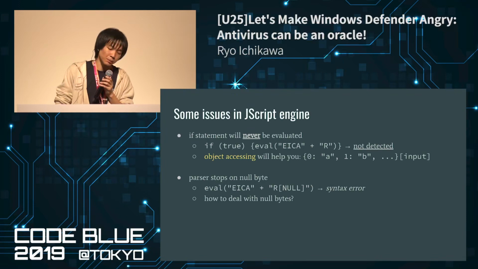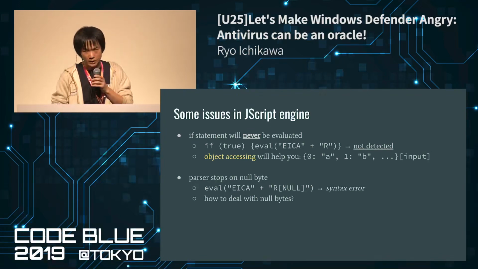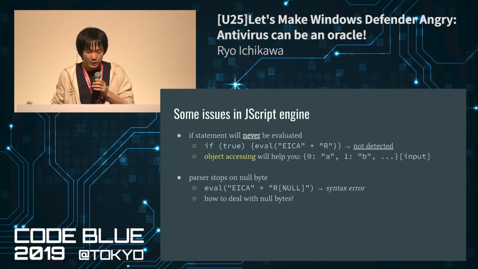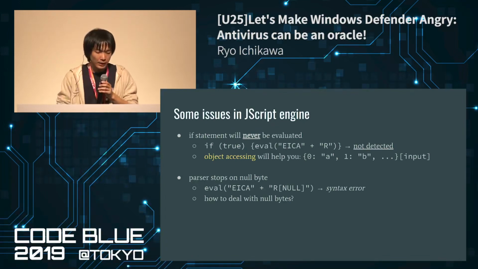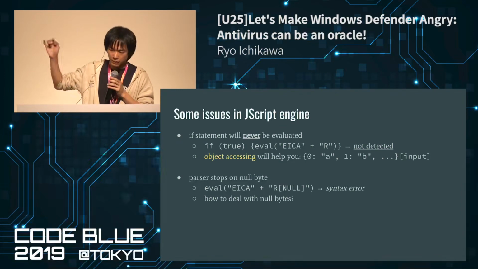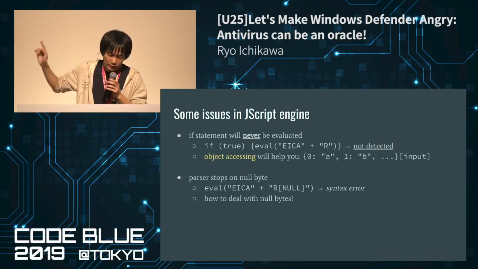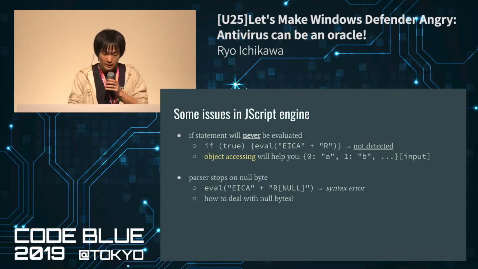By putting keys and values like a switch statement, you can build a kind of if statement. Also, the parser stops on a null byte. If part of the string contains null bytes, it will result in a syntax error. So how do we deal with null bytes?